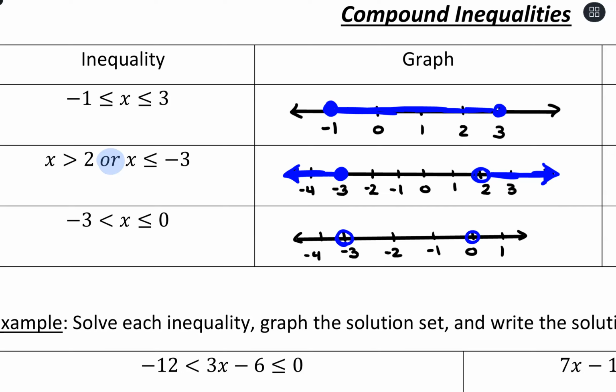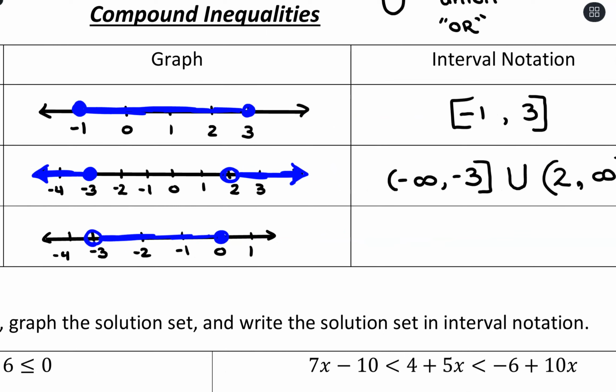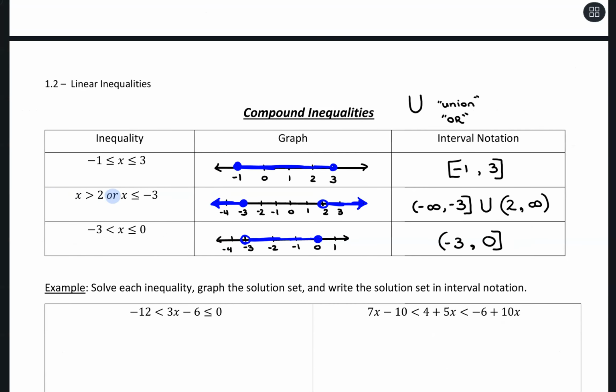At 0, we'll have a solid circle, and we're stuck in between those two values. Okay, and with our interval notation, we're starting at -3, going to +0. We'll use a parenthesis with -3, square bracket with 0. So there's some of our representations with compound inequalities.